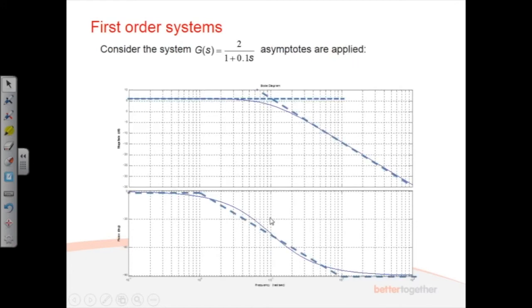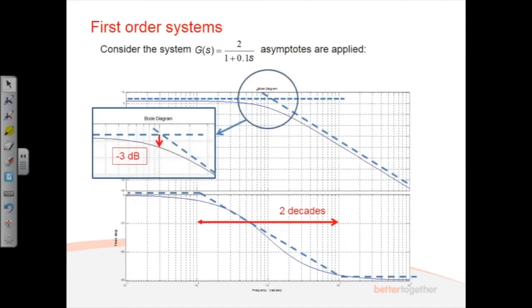There's a corner at 10 to the 1, and we're also halfway through the phase change at that point. Being first order, we don't have an option for different zetas. The real data for a first order one is always 3 decibels beneath the intersection of the asymptotes.